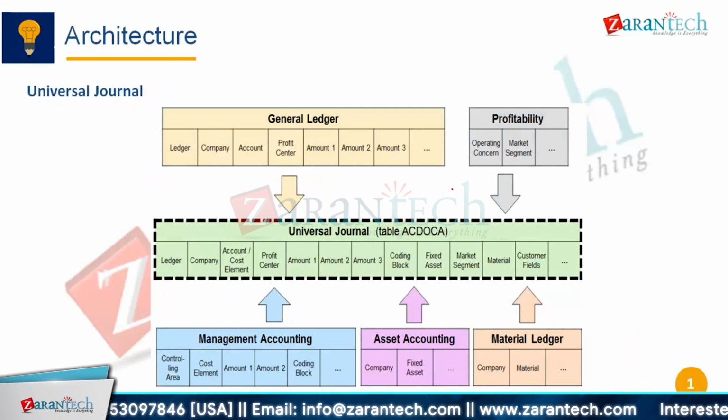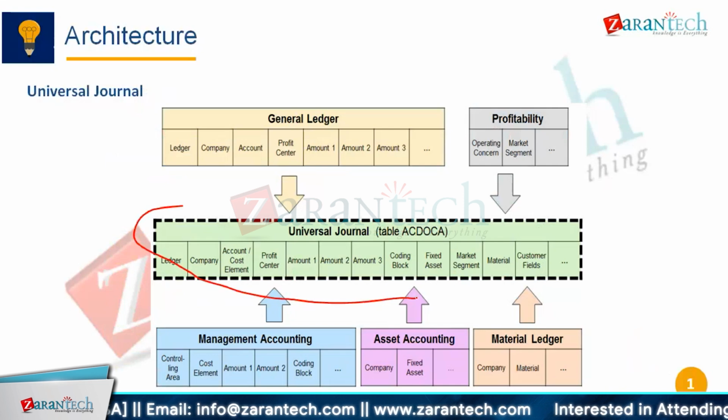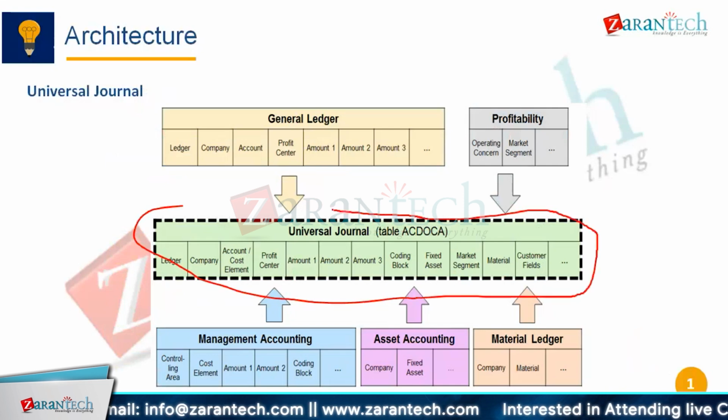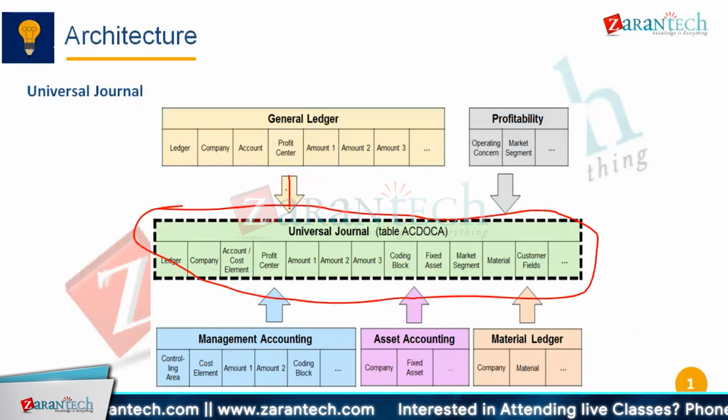So here is the introduction of ACDOCA, the single source of truth. It will retain the data coming from GL, profitability COPA, management accounting CO, asset accounting, and material ledger. All the information is getting stored in the single source of truth.